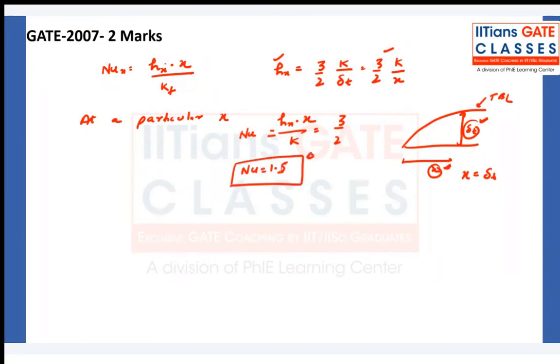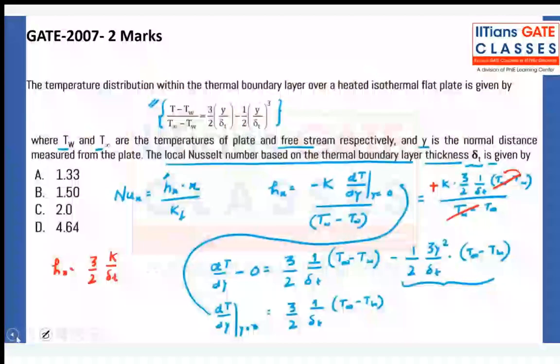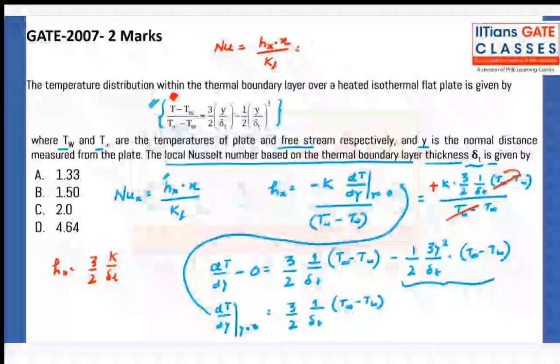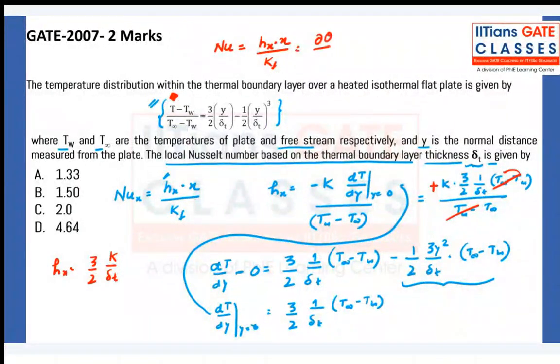There is one more way that Vijaya said that you want, because it is a dimensionless temperature distribution. This is a dimensionless distribution. So Nusselt number is also given as hx x by k of fluid is equal to delta theta by delta y star, or sometimes we can show it by any other term, at y star is equal to 0.